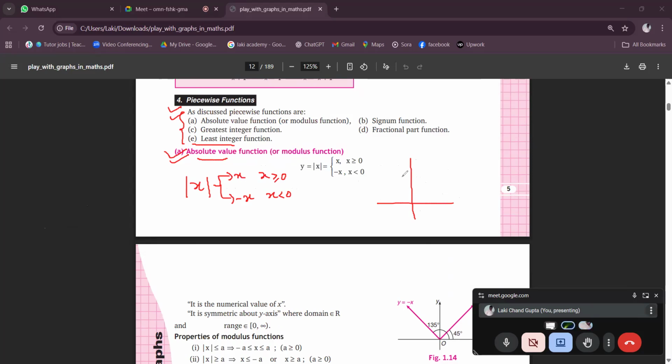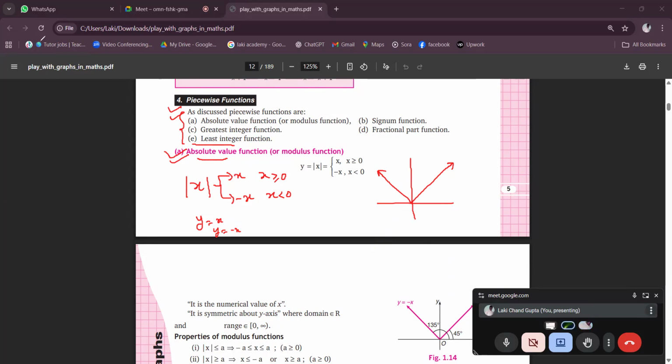So this is y is equal to x and y is equal to mod x. So y is equal to x is this, and y is equal to mod x is this. And why are you not taking this part? Because this is absolute value. Absolute value always gives a positive value. That's why I remove the negative part.